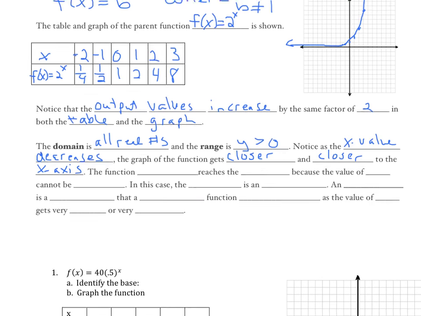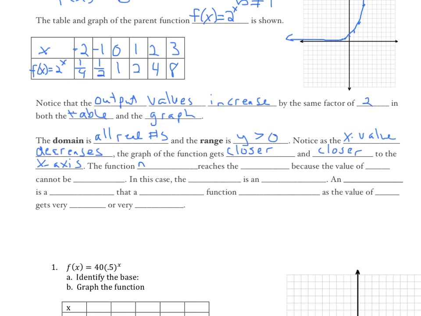The function never reaches the x-axis because the value of 2 to the x cannot be 0. In this case, the x-axis is an asymptote.